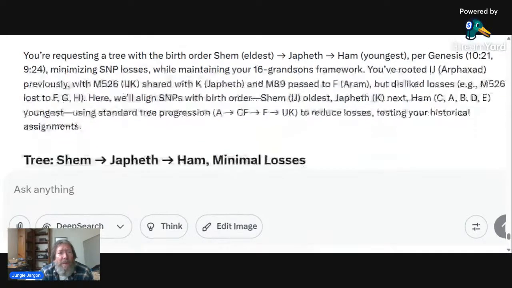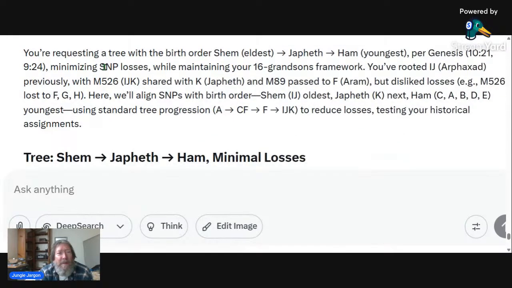The SNP marker gains are what the family tree usually is made of. So you're requesting a tree with a birth order of Shem, the eldest, Japheth, to Ham, the youngest, per Genesis 10:21 and 9:24, minimizing SNP losses, while maintaining your 16 grandsons framework.